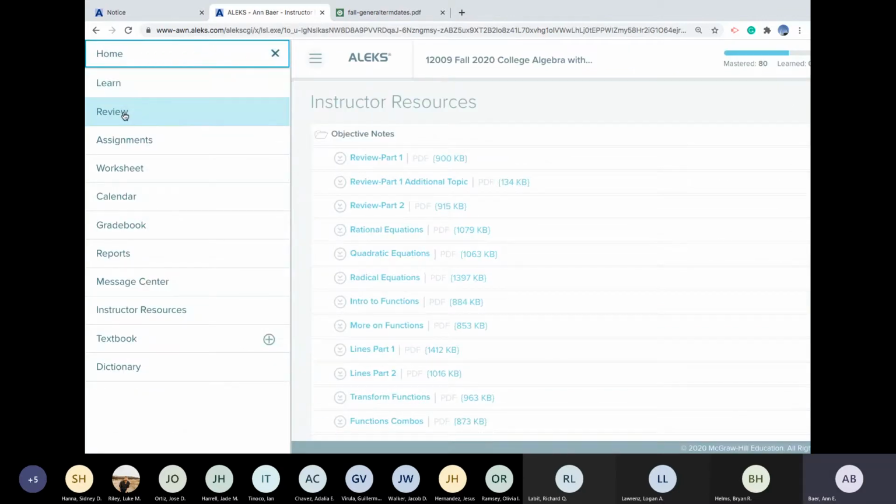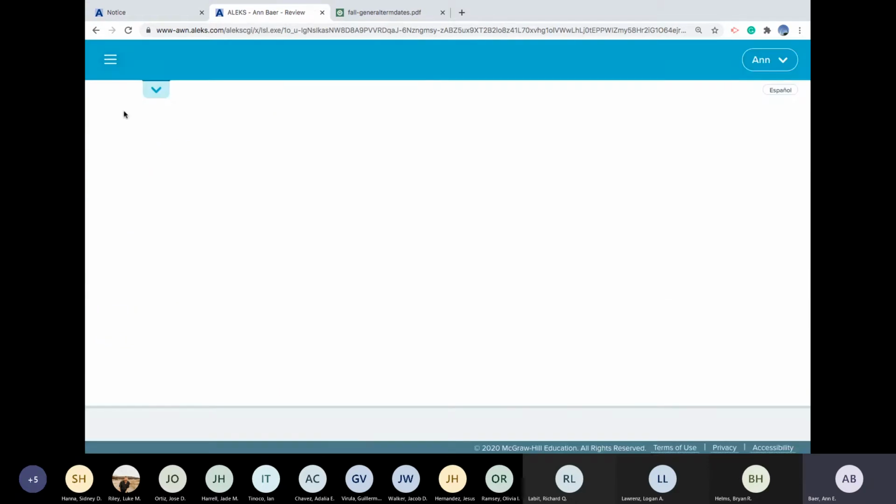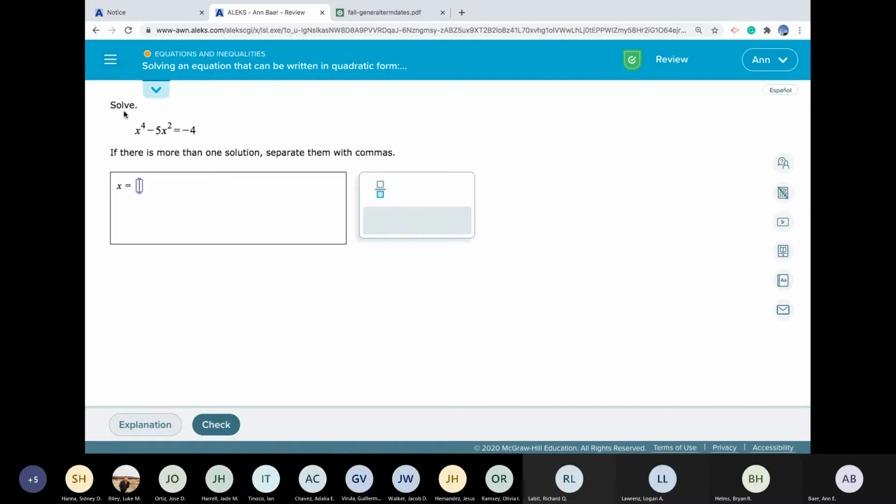Now let me go into a particular topic. We'll see which one pops up for us. We're not going to do this problem. I'm doing this mostly to remind you all of what kind of resources are available. If you go straight over to this, this is instructor resources.